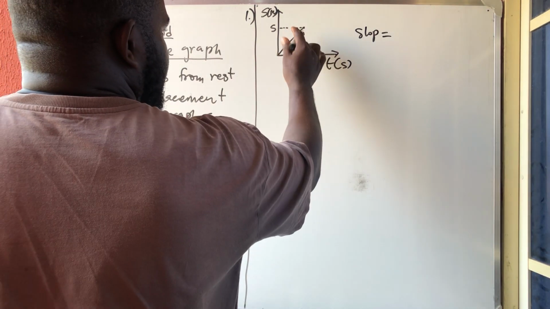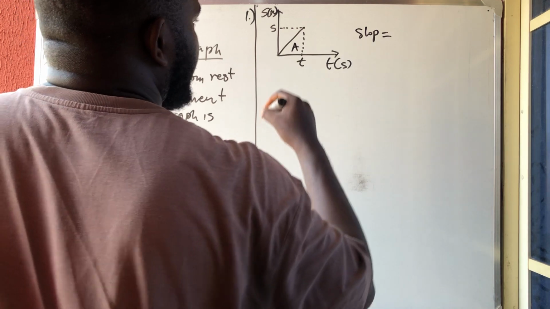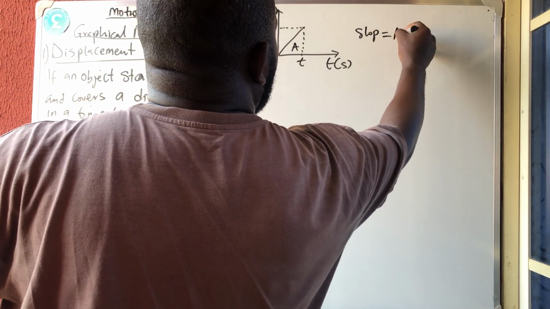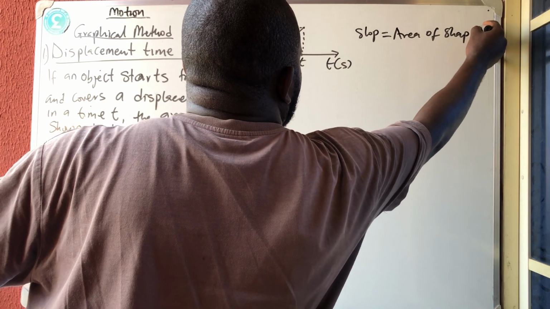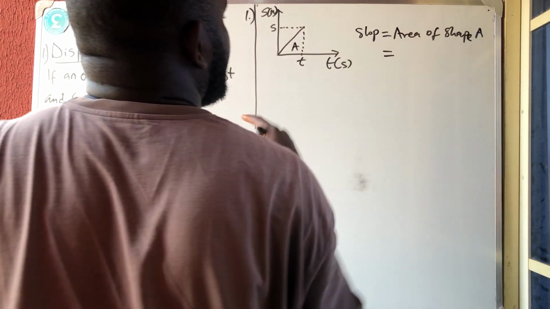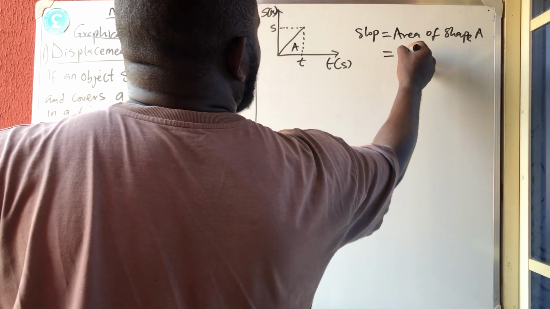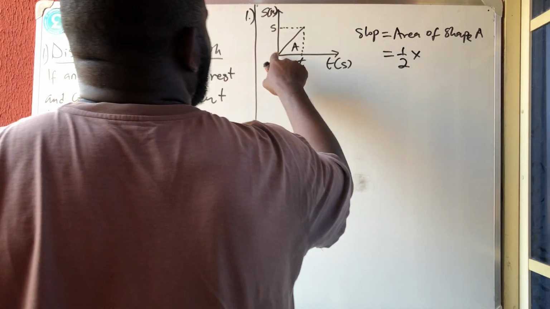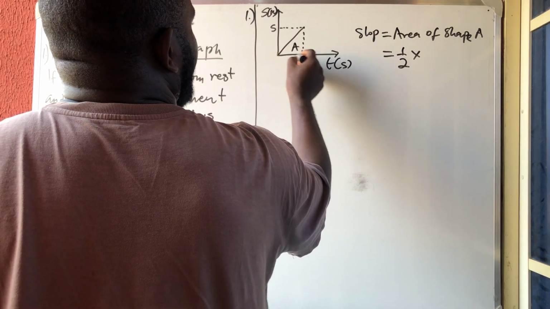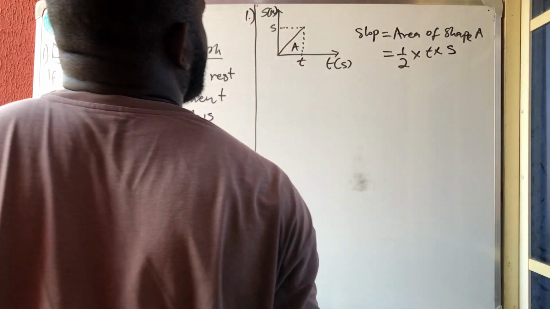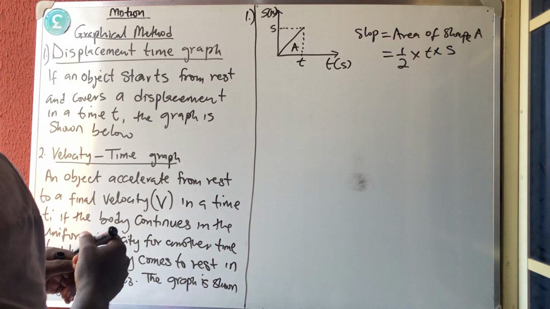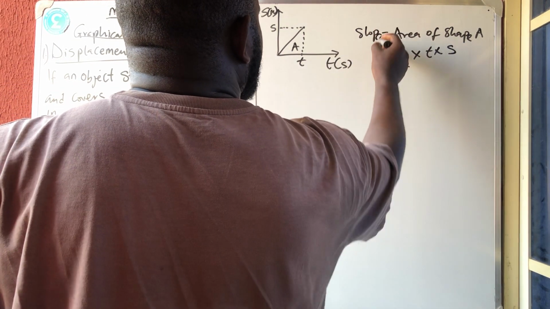If you look at this shape A, the slope is equal to the area of shape A. It is a triangle, so it is one half times the base, from here to here, which is t, times the height, which is s. And the slope of this is called the velocity.